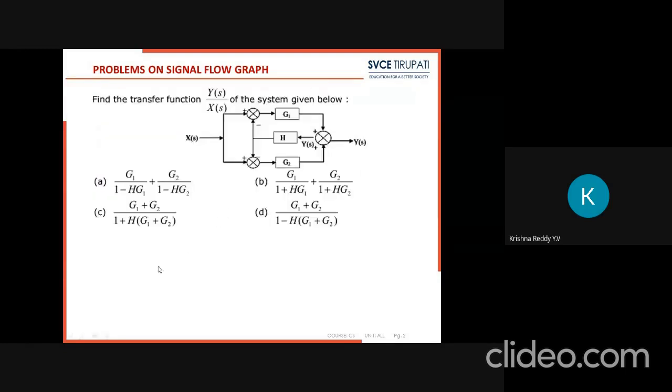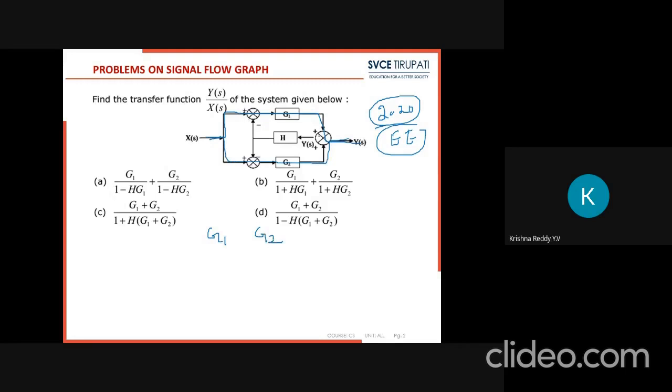Okay. This question was asked in GATE 2020 for EEE. We are moving like this. It is G1. If we are moving like this, we are having the gain G2.